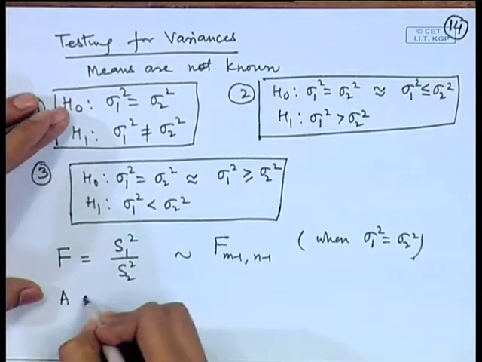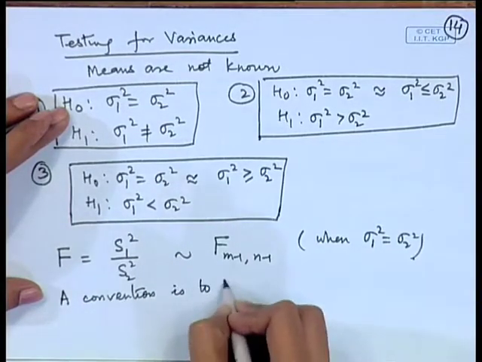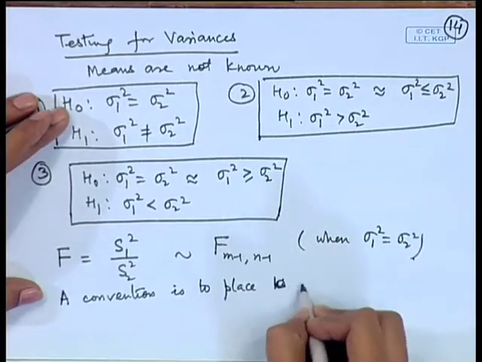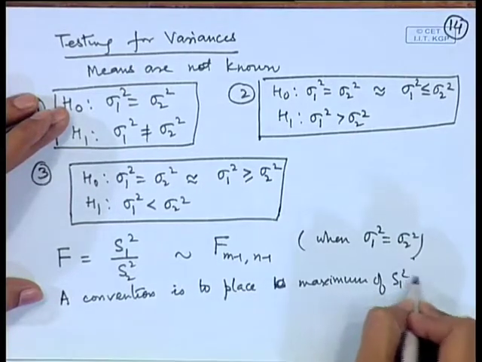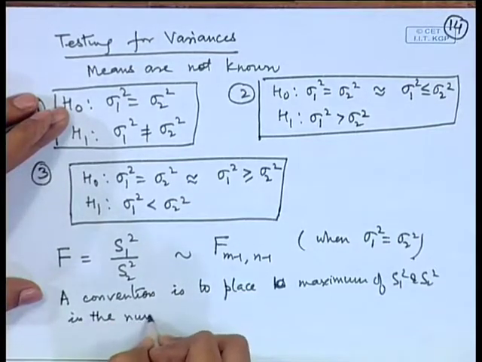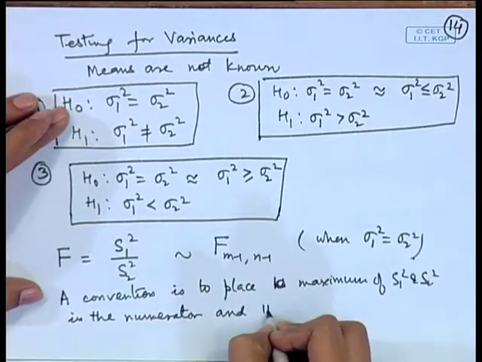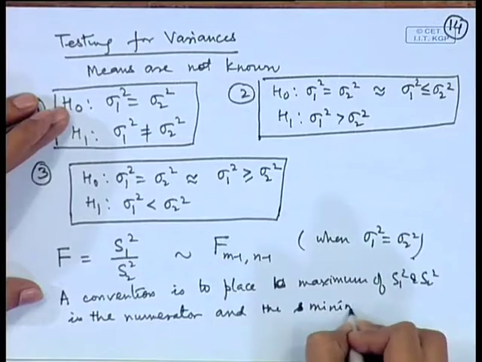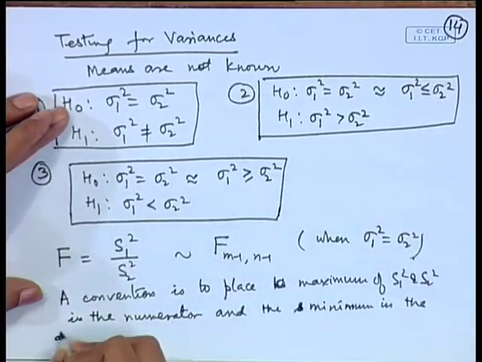A convention is to place the higher, or you can say maximum of S 1 square and S 2 square in the numerator and the minimum in the denominator.